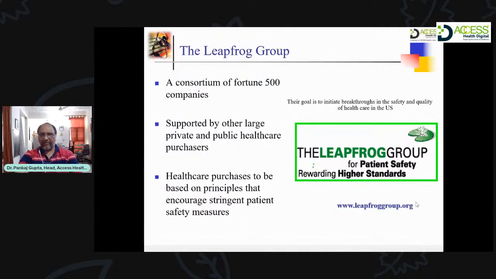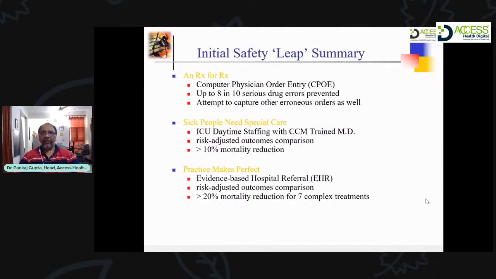These healthcare purchases had to be based on principles that encourage stringent patient safety measures. Basically, the Leapfrog group said that all the healthcare purchases that happen will be based on some standard principles. Those are the principles of the Leapfrog group on which this was created.